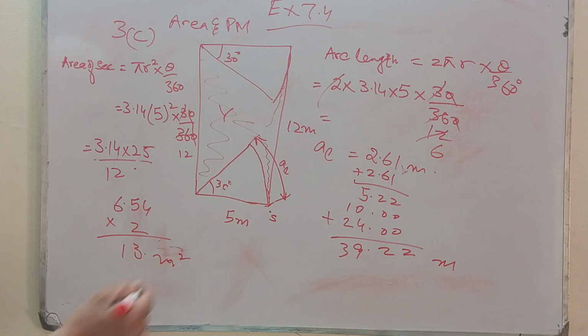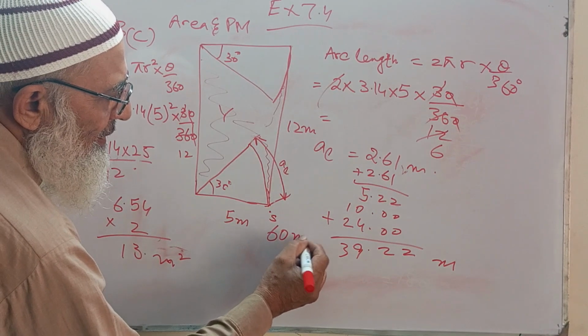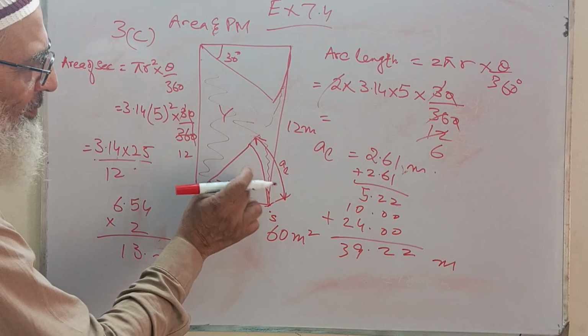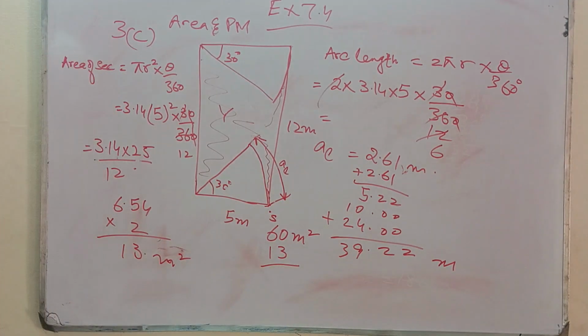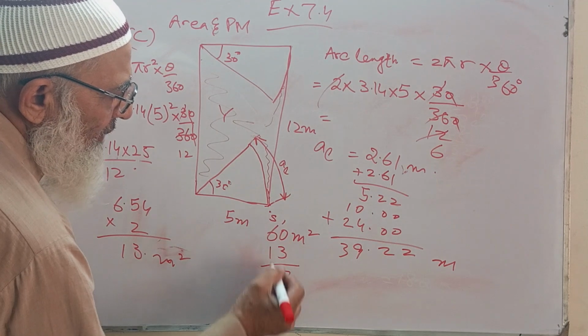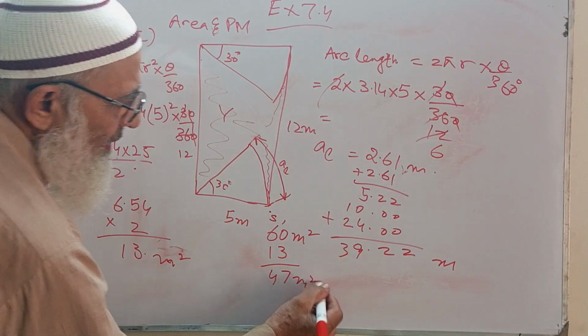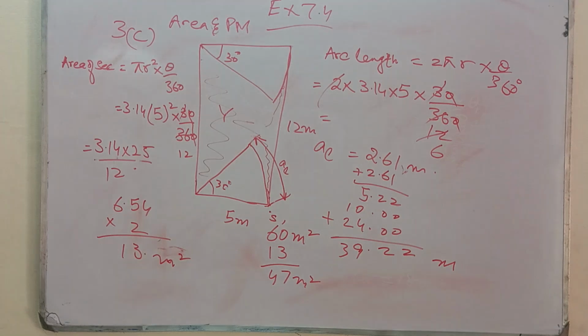Very simple. Just subtract these two sectors from here: 60 minus 13 will become 47 meters square. Now the area is 47 meters square. It is the correct answer.